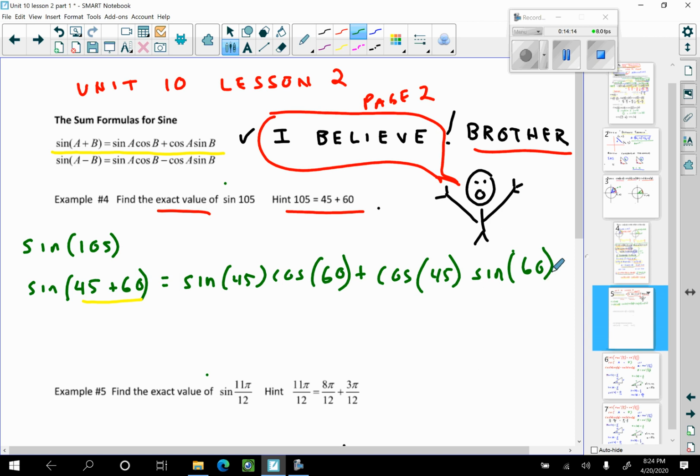Well, I know what the sine of 45 is. By the unit circle, I know that this is square root of 2 over 2.